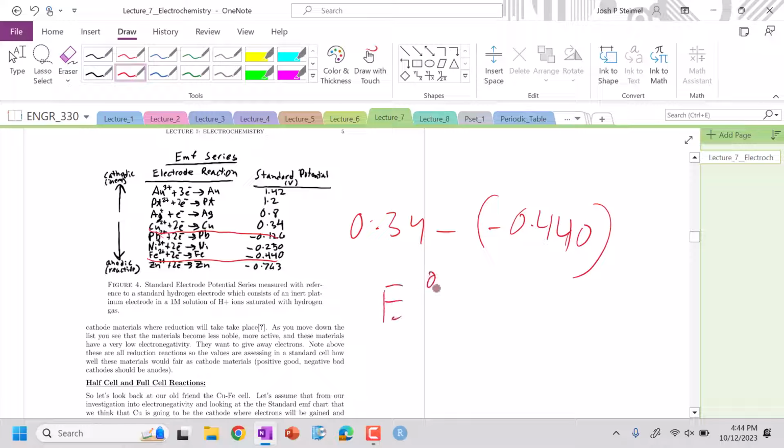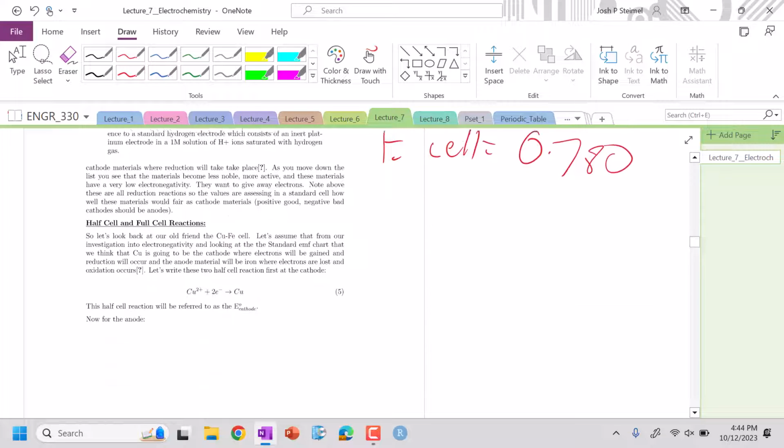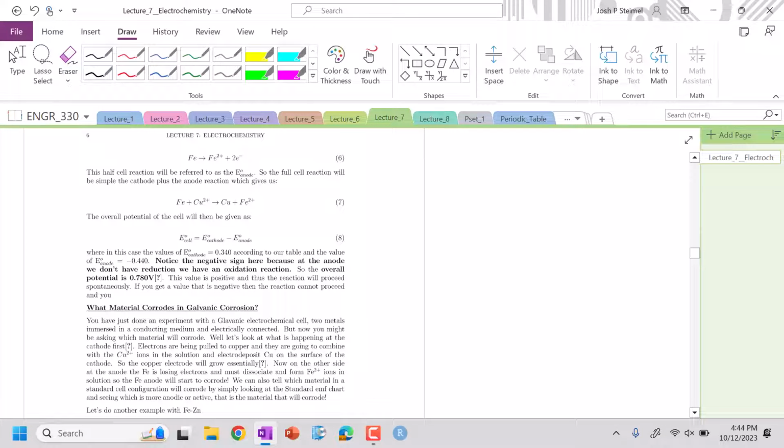So our E naught of our cell at standard conditions for this particular reaction would be 0.780. And we can confirm that right here. And we got it. So there you go. And you can confirm that if we switched it, the sign would switch as well. So we've got it. Fantastic.